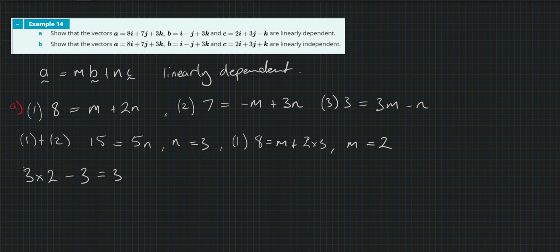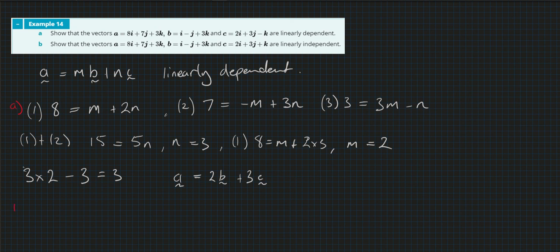Therefore definitely we can see that A is equal to, what was m again, 2b plus 3c. So that's my m and n there. We figured that out, and that definitely works. So they are linearly dependent for sure.